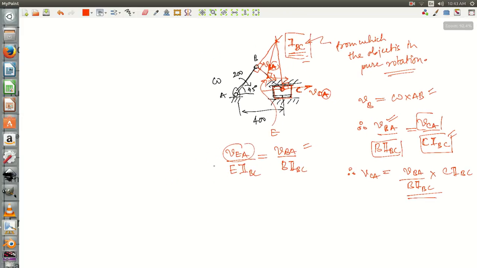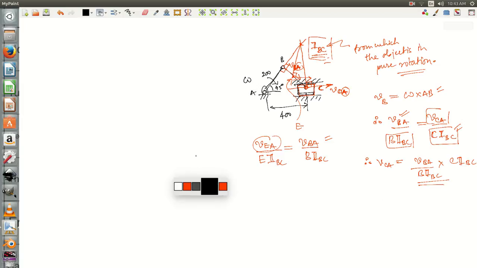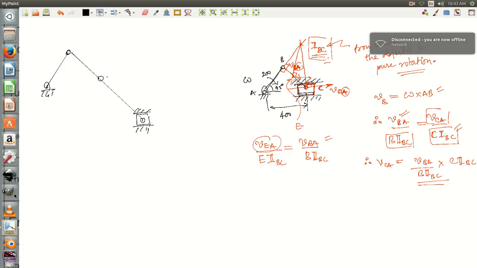Now to generalize this, let us consider an example in which we have more than 4 links. This is the mechanism in which we are having more than 4 links.